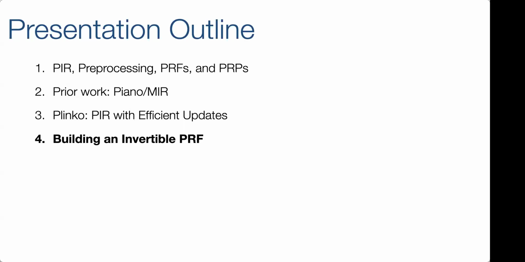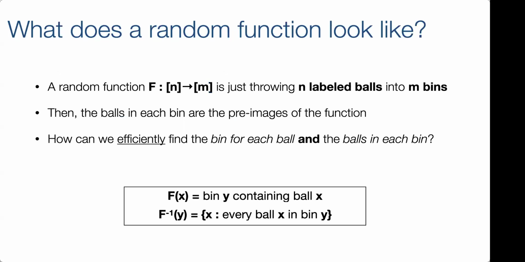But let's see how we construct one, shall we? So the first step when we're trying to build an invertible PRF is to ask ourselves what a random function is. So we're going to build a random function from a domain of size n to a range of size m. And we're going to view this as just throwing n labeled balls into m labeled bins. Right?